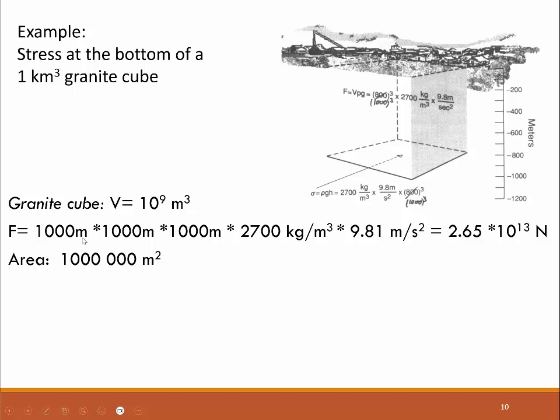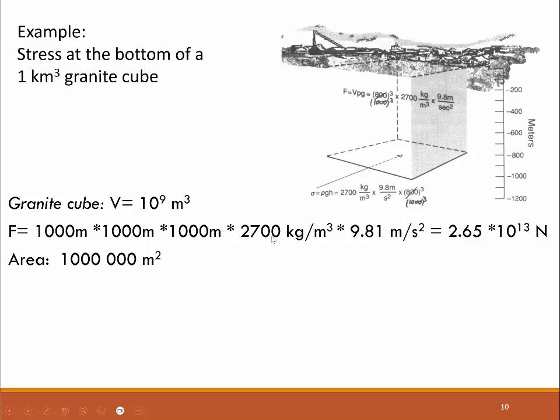That is what 1 cubic kilometer of granite would be, and the force that would act on an area in 1 kilometer depth would be the 1,000 times 1,000 times 1,000 meters of rock times the density of the rock.